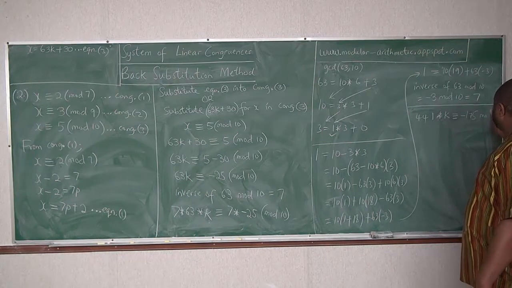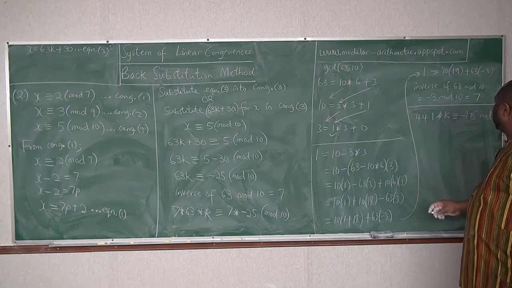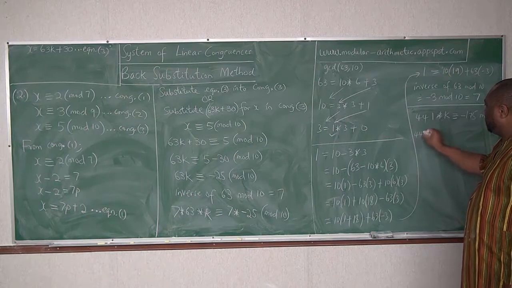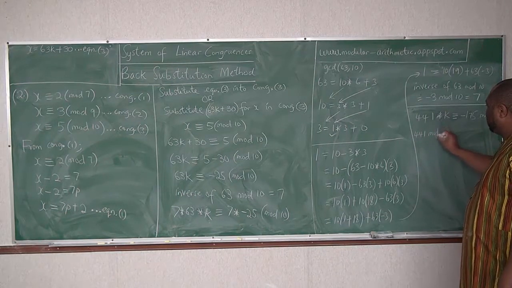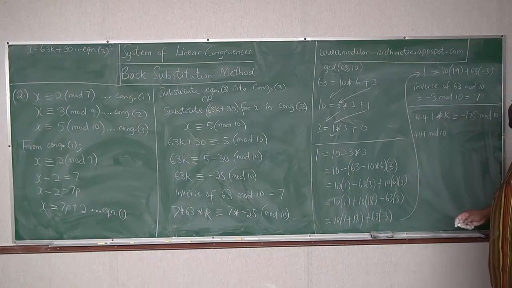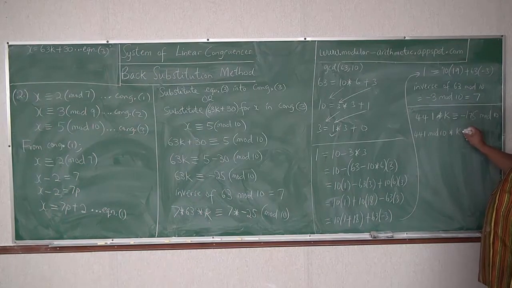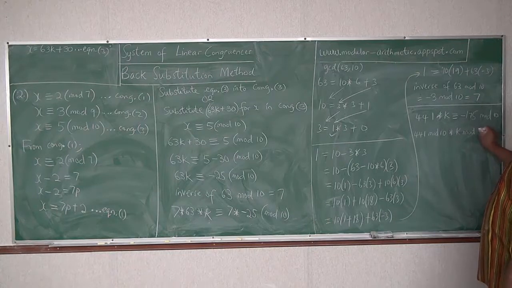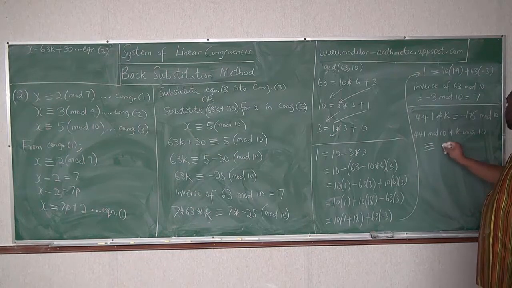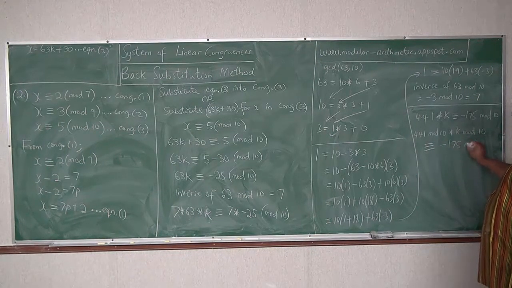So this means that 441 mod 10 times k mod 10 is congruent to negative 175 mod 10.